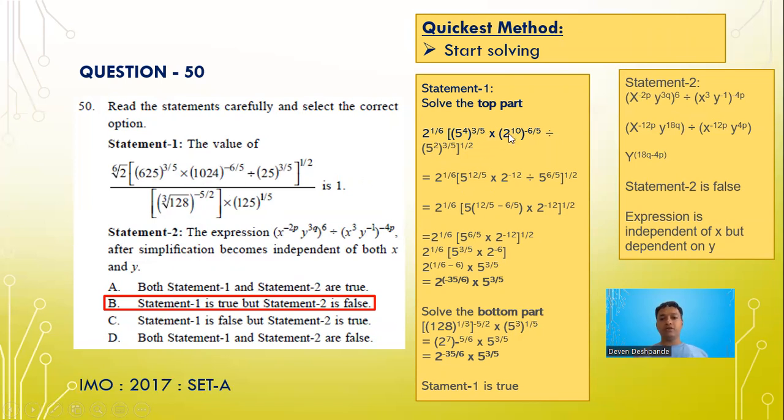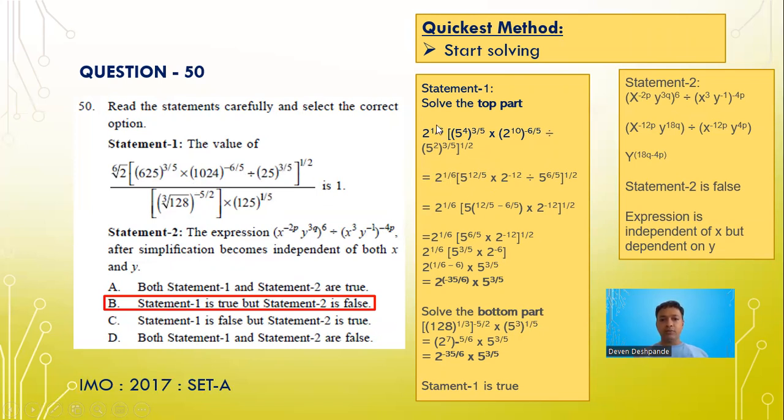Into what is 1024? 1024 is 2 raised to 10 whole raised to minus 6 upon 5, divided by 25. What is 25? 25 is 5 raised to 2 whole raised to 3 upon 5 whole raised to 1 upon 2.